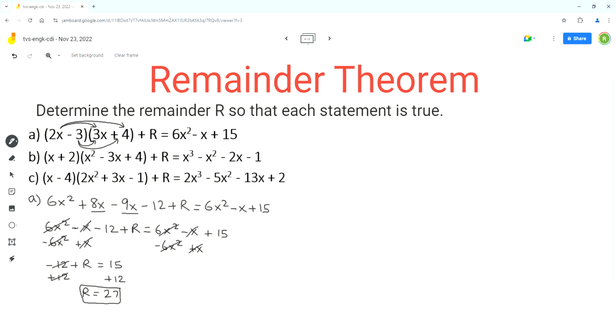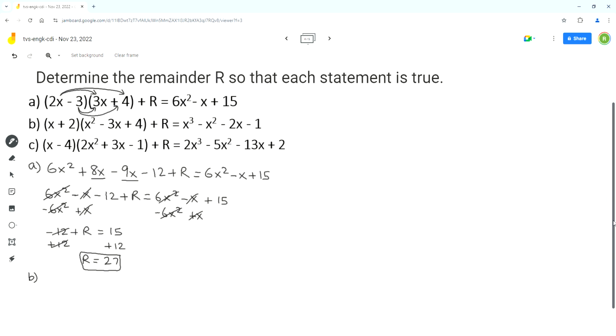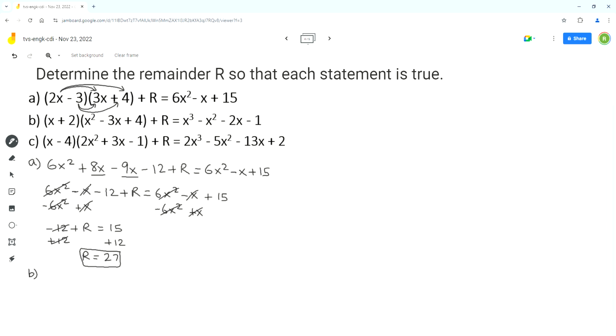Now we can answer part B. We have to find the value of r in the equation. So the first step is to distribute the terms in the parentheses. X times x squared is x cubed.